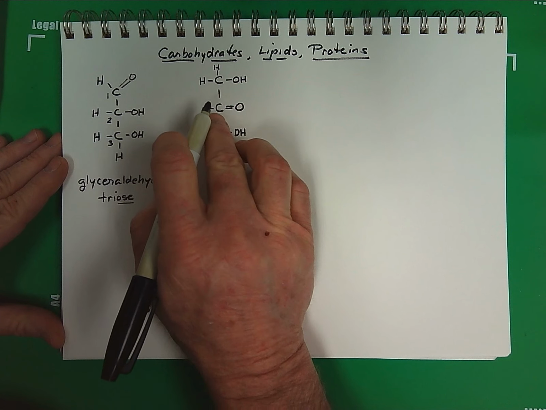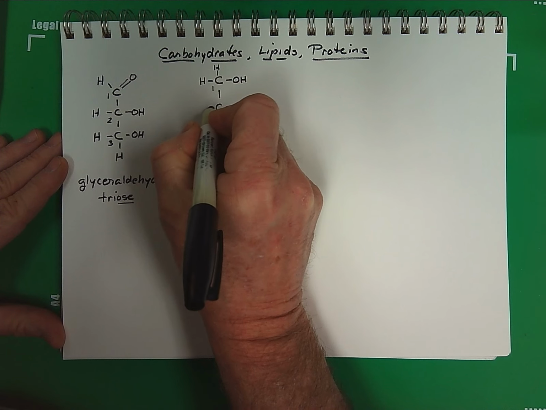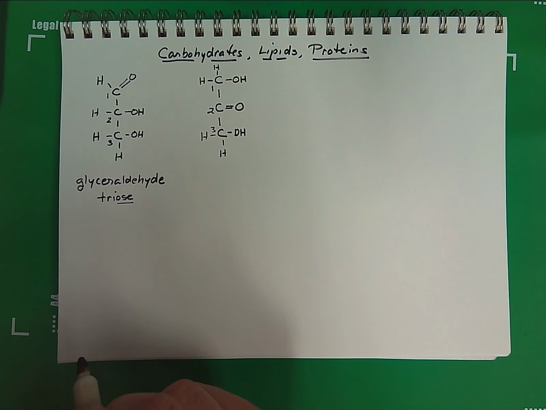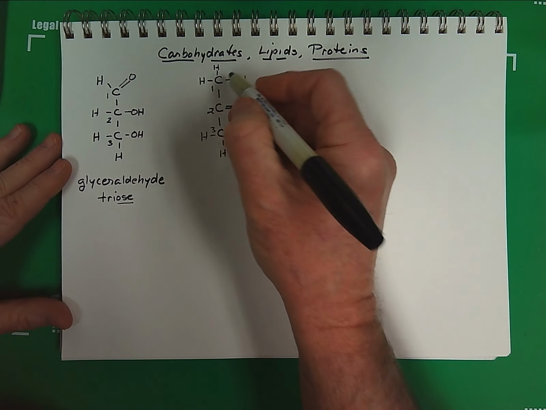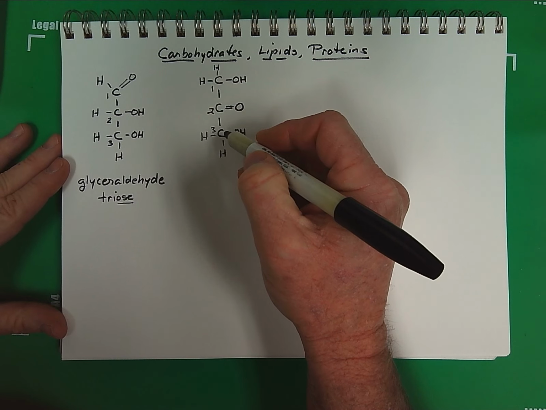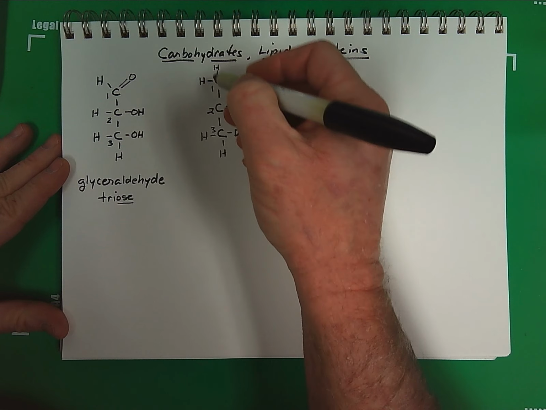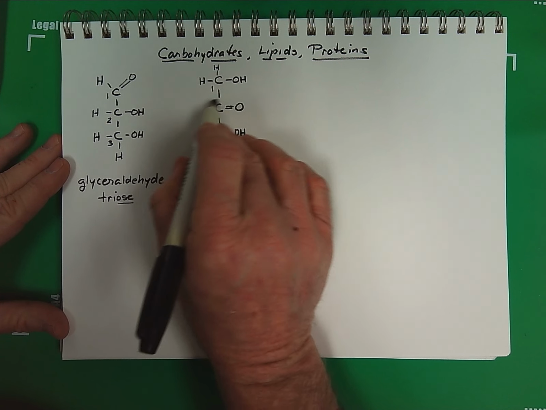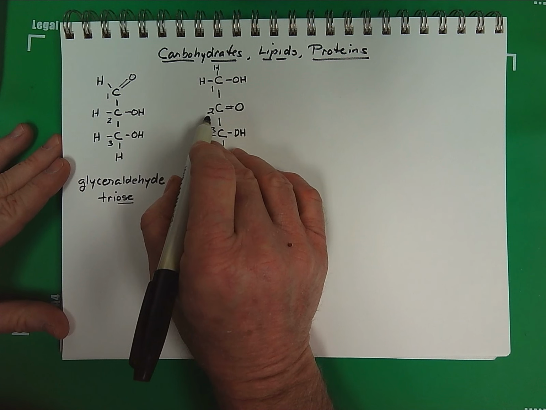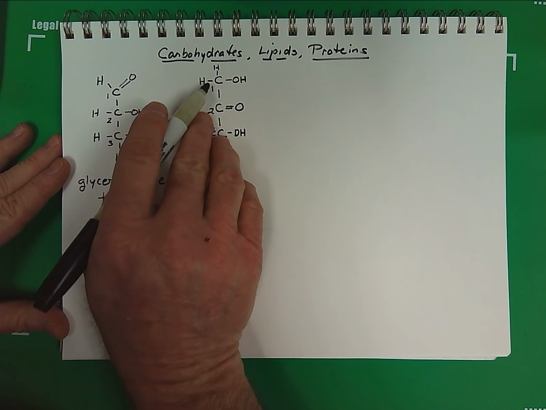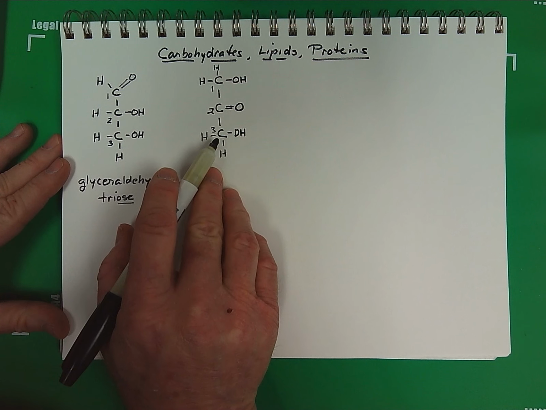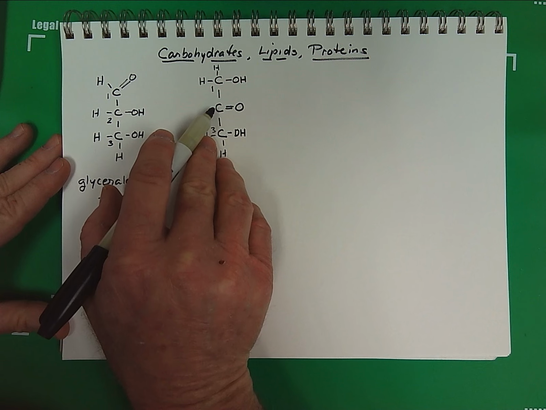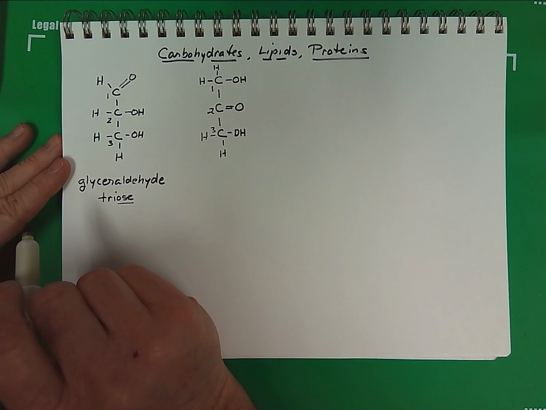And now we have a ketone on the number 2 carbon. We still have a 3-carbon backbone, which is the glycerol backbone, but with the ketone group inside, we have essentially created an acetone-like structure. So 3 carbons with a ketone in the center is acetone.